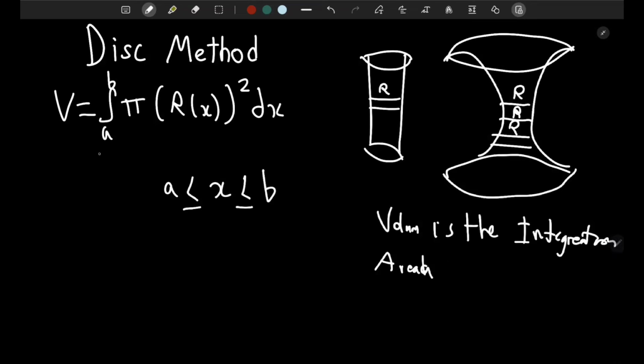So what we're doing in this formula is integrating the formula for area to find the volume. So now let's start with our first example, and this will be clearer to understand.